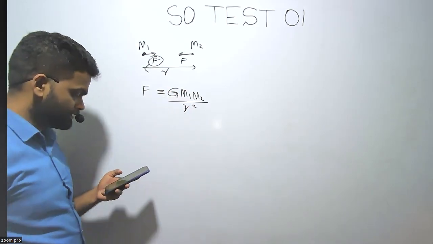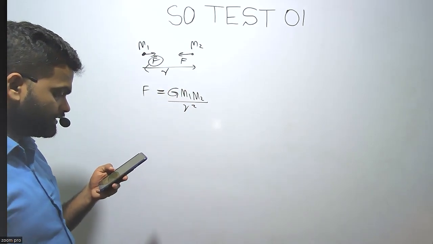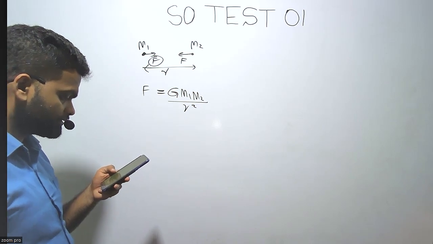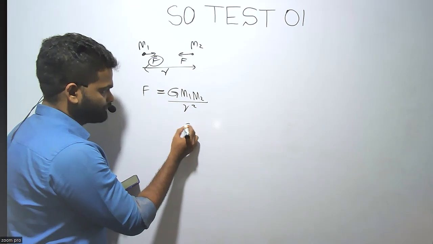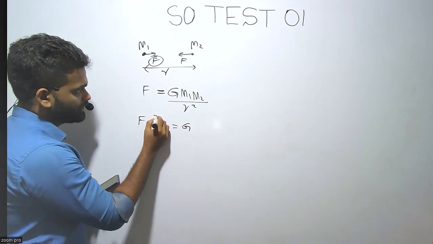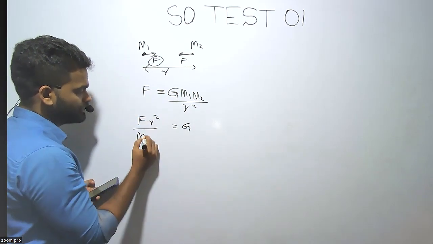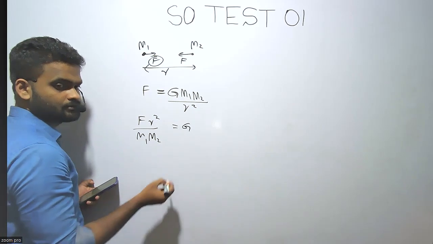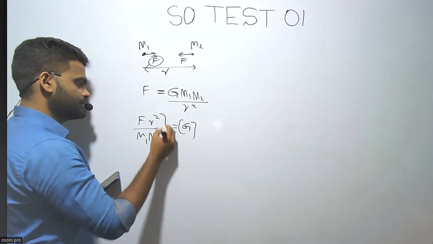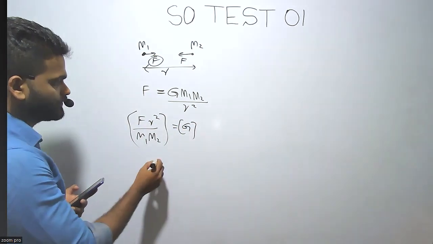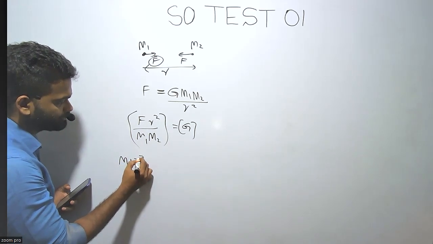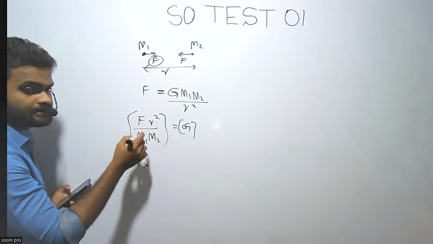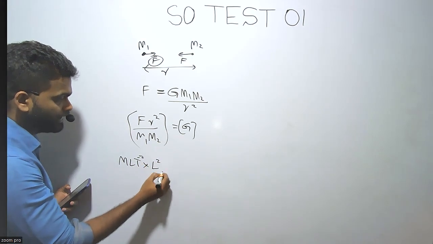So what they ask is dimensions of G. So G equals F r^2 divided by m1 m2. Both sides should have the same dimensions. Force dimensions M L T^-2. r is a length, squared.